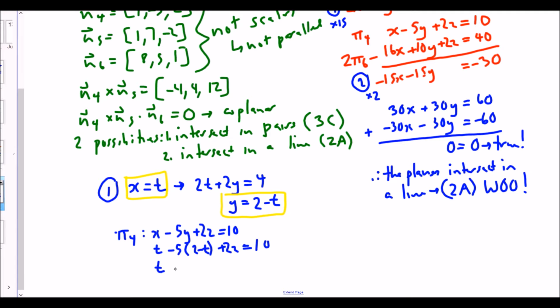So I get t minus 10 plus 5t plus 2z equals 10. Add like terms, t plus 5t is 6t. Bring it to the other side. So I'm going to have 2z is equal to negative 6t, and I've got a 10, so it's going to be plus 20. Really should have done the constant first. Divide everything by 2, so I get z is equal to, I'm going to put the constant first this time, 10 minus 3t. So there we go. So there's my third, oops.